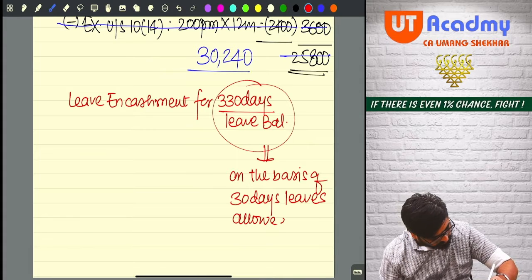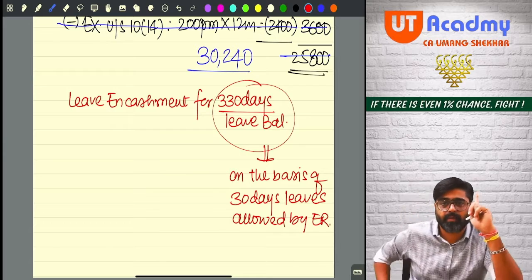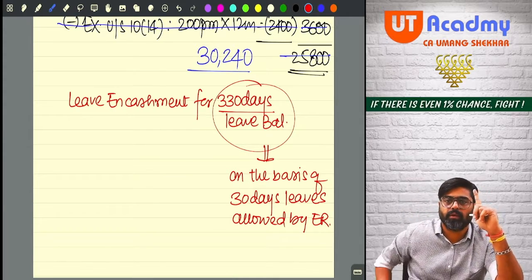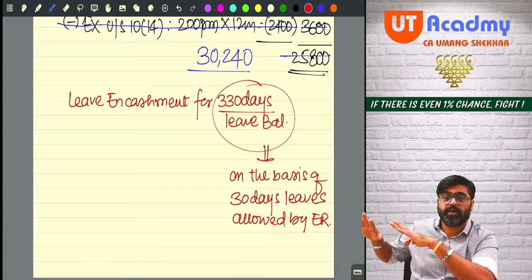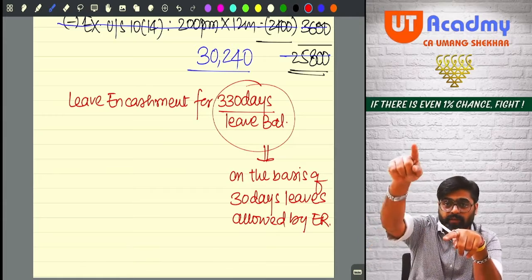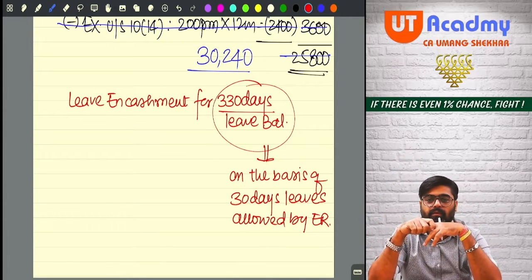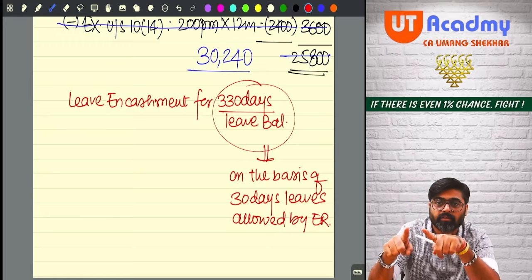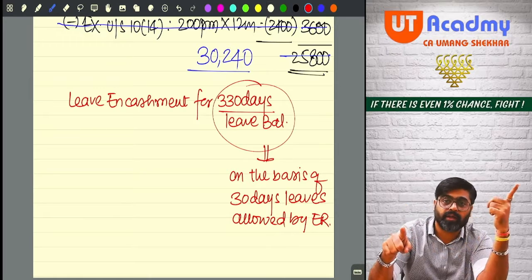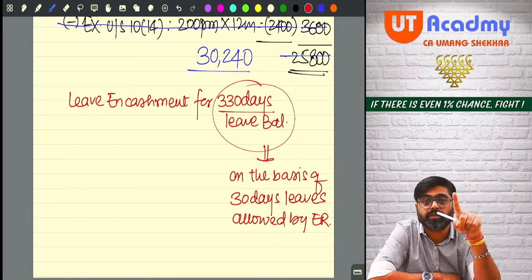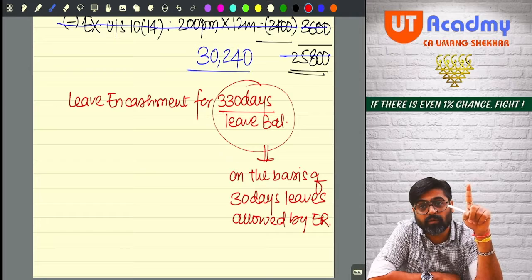by the employer. Wait, everyone, please pay attention over here. Employer was giving you every year 30 days leave. It is given in the question. On the basis of 30 days, for 30 years, you would have received how much? 900 days leave.